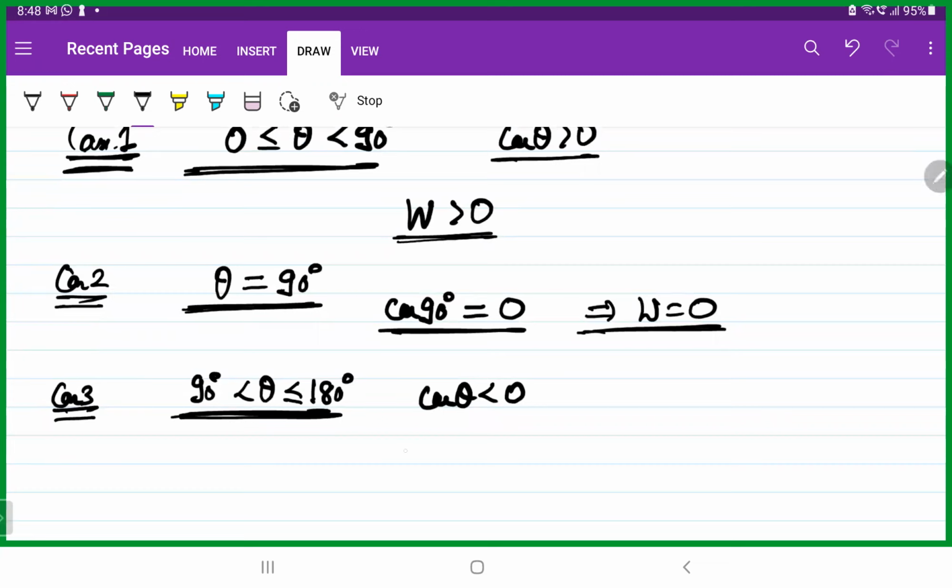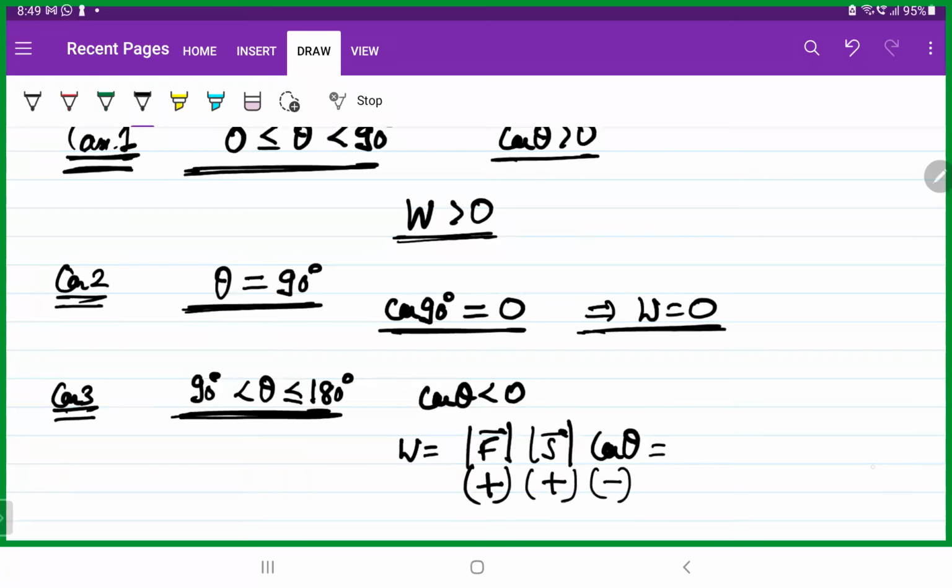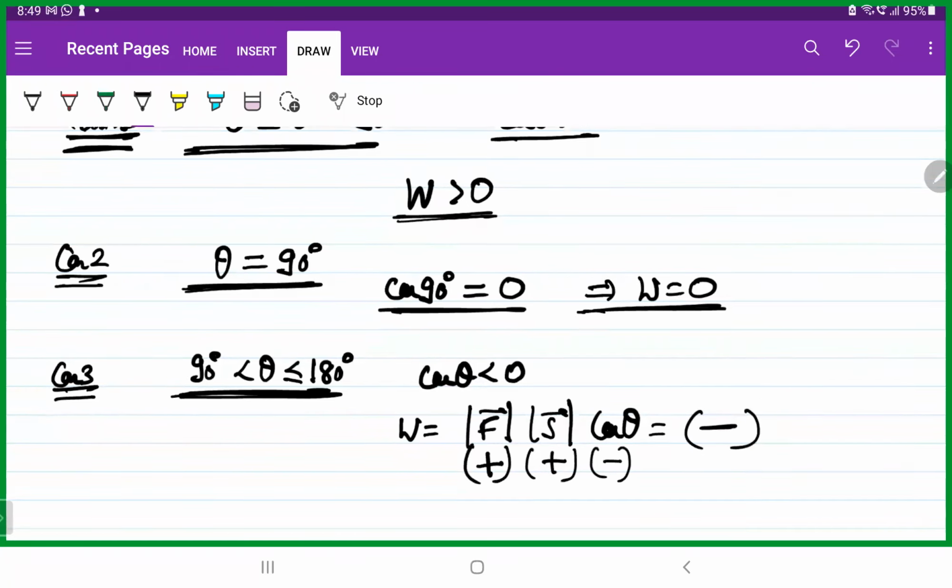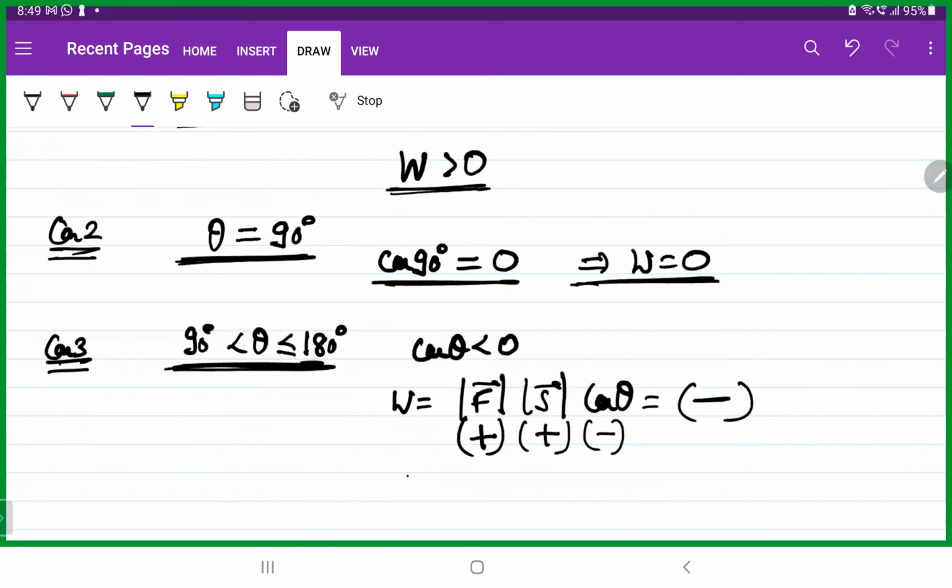So in that case, work done, which is nothing but magnitude of force, magnitude of displacement, and cos of angle between them. As you can see here, cos is negative. The first two quantities are positive. So this is positive, this is positive, this is negative. If you multiply these three quantities, what will be the quantity? Negative. So work done will be negative.